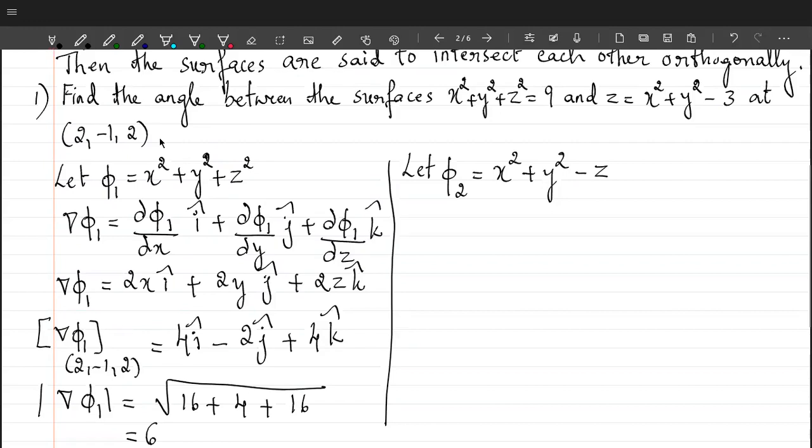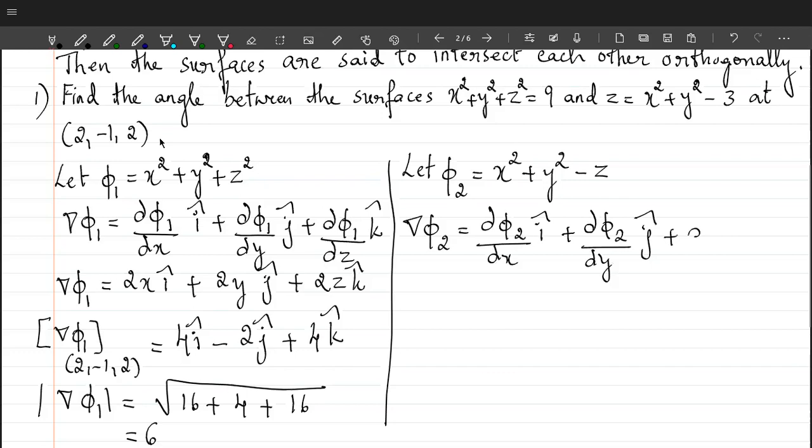So let's take the second surface as x square plus y square minus z. Now let's find the value of del phi 2. So del phi 2 should be equal to dou phi 2 by dou x i cap plus dou phi 2 by dou y j cap plus dou phi 2 by dou z k cap.